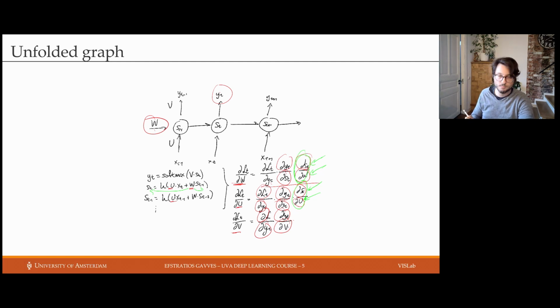So these are the problematic terms in a way. Now let's try to figure out how we compute these problematic terms. So the derivative of the state with respect to either W or the input parameters.